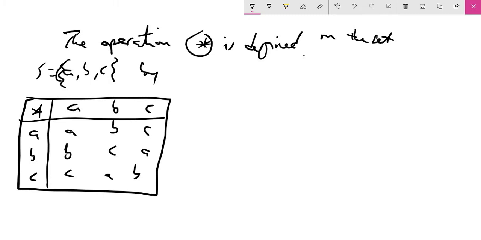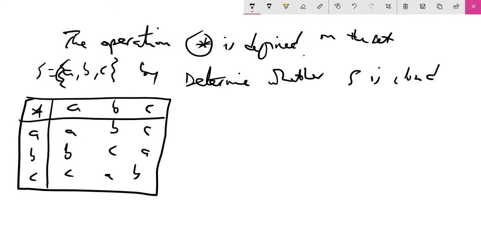Okay, so again, determine whether S is closed under star.